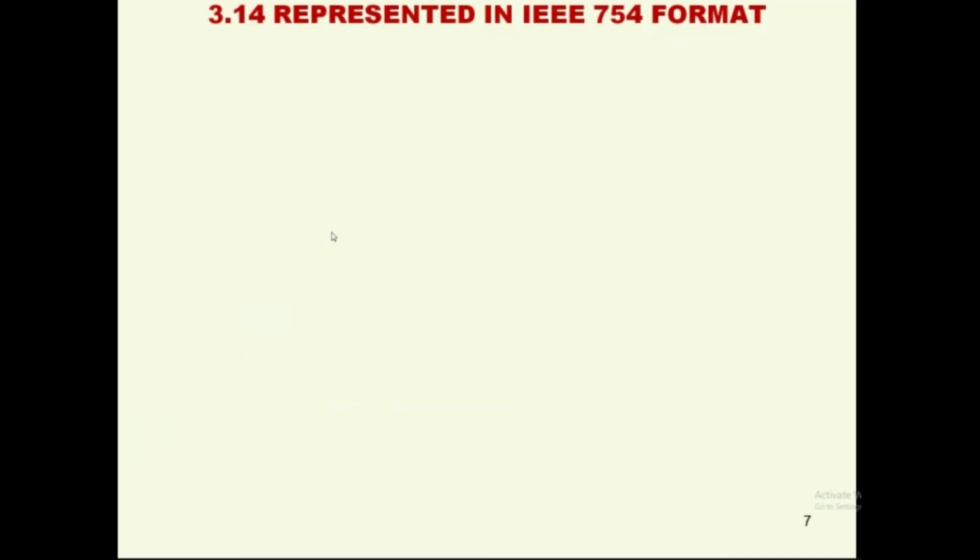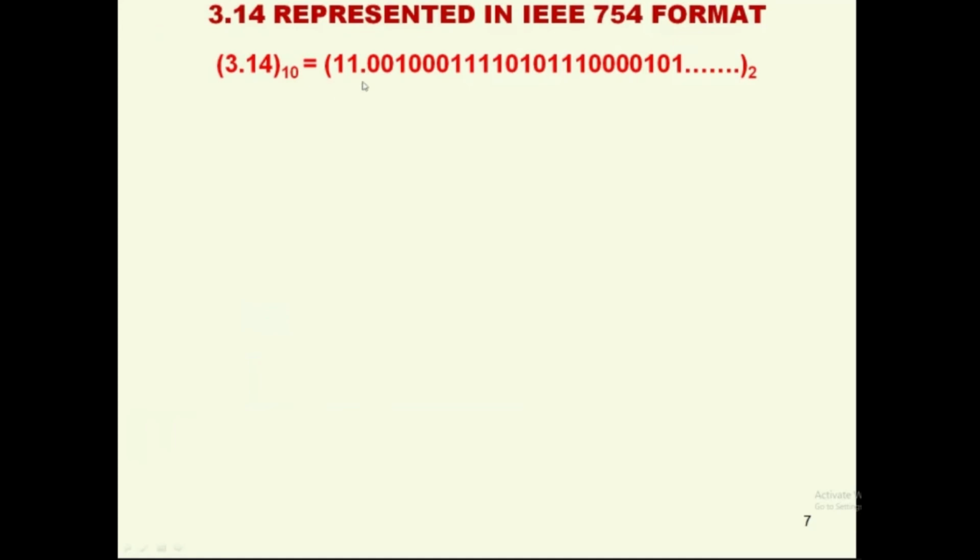So 3 when represented in binary is 11 base 2, and 0.14 into 2, 0.28, something like that it goes on, and finally we will get 11.00100111010111000000101. It goes on.